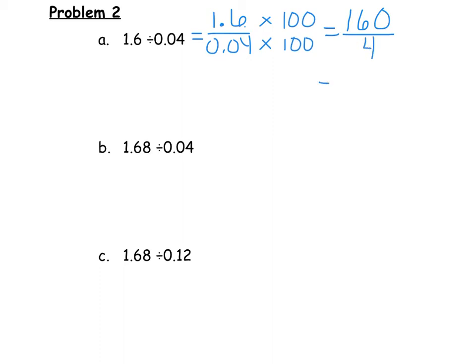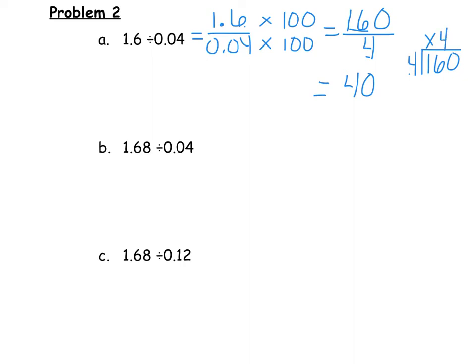So now I have to do 160 divided by 4. Well, I know 16 divided by 4 is 4, and I'm going to add the 0. I can also show this with long division. 160 divided by 4. 1 divided by 4, can't do it. 16 divided by 4, how many 4s fit into 16?